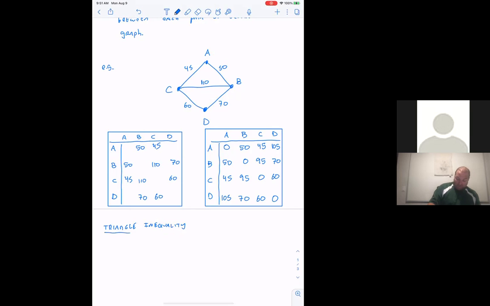And it says that if you have a direct route between 2 points, it has to be shorter than any side route which moves through another point. So if I have points x, y, and z, I can say the distance from x to z must be less than or equal to the distance from x to y plus the distance from y to z.